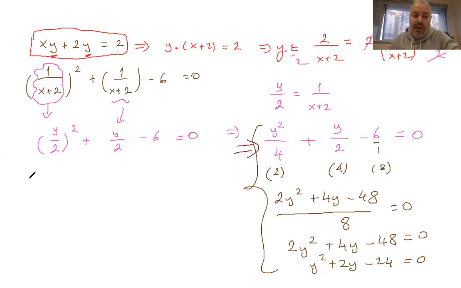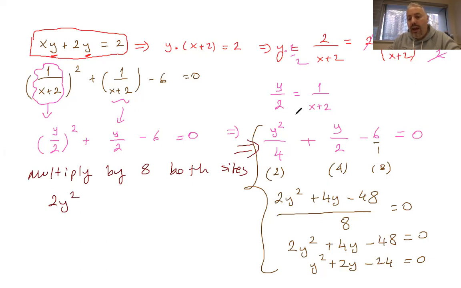If you multiply both sides by 8, what will be? 8 times y squared over 4, 8 and 4 simplify, only 2y squared. 8 and y over 2 simplify, 4y. 8 and 6 when you multiply, you can't simplify anything, 48 equals 0.